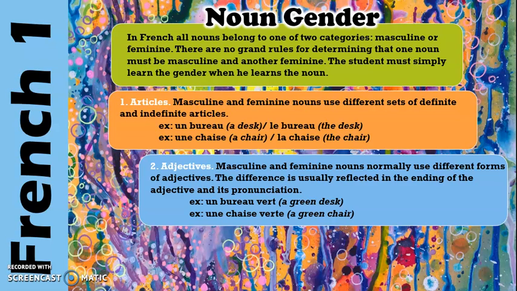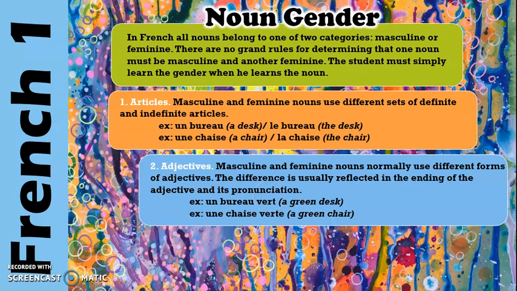But that's how it is in French, so I might as well give it to you now, let you deal with it. Okay? So if I wanted to say a green desk, again, I say un bureau, because un is how I say a with masculine nouns. And then notice my word for green. It's vert, V-E-R-T. Un bureau vert, a green desk.